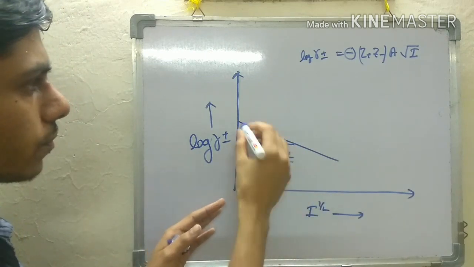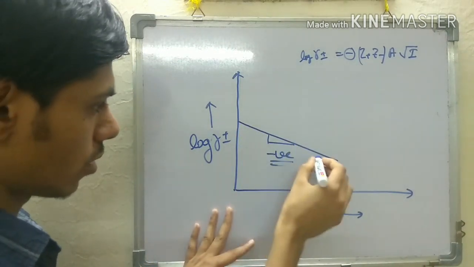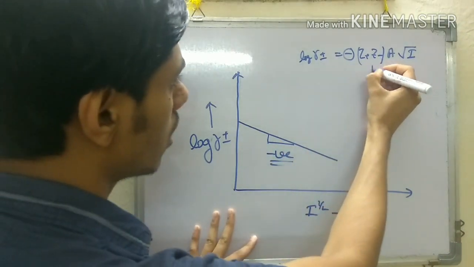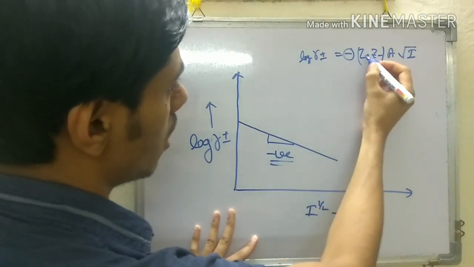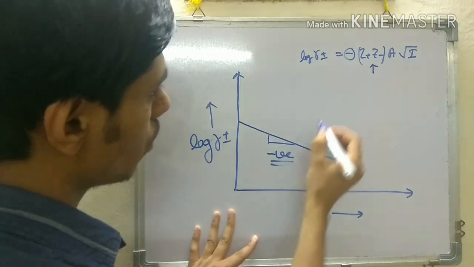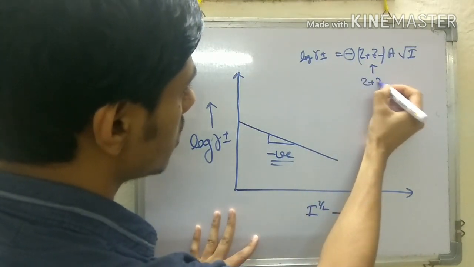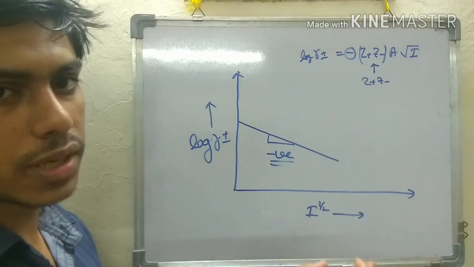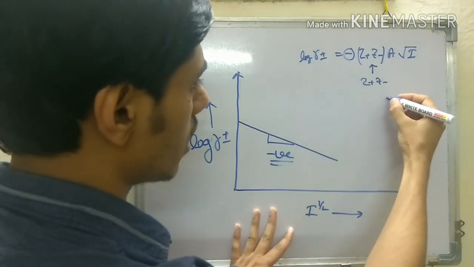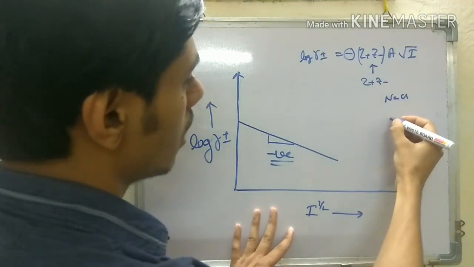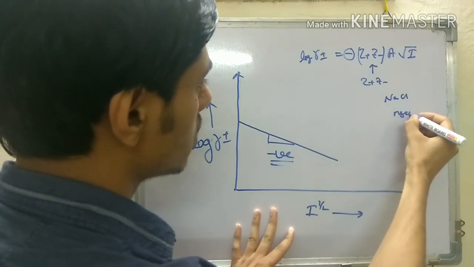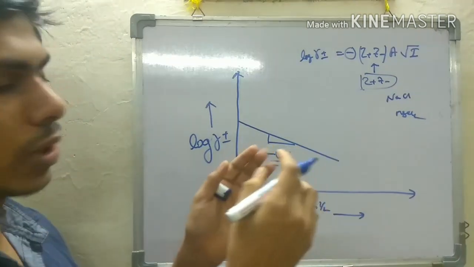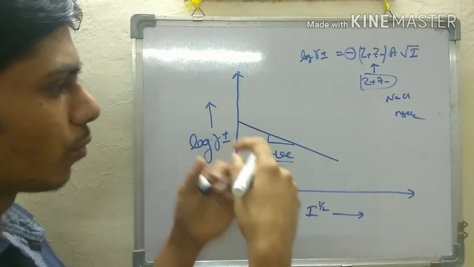Now the slope of this curve varies with the charge on the ions. The slope is determined by this z plus z minus, and as I told previously, this z plus z minus will be different for different salts. For NaCl it will be lower than for MgCl2. So as z plus z minus increases, the slope will be steeper.